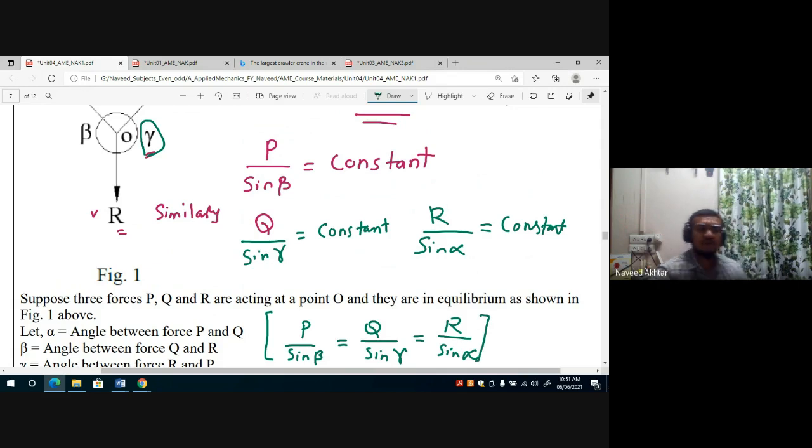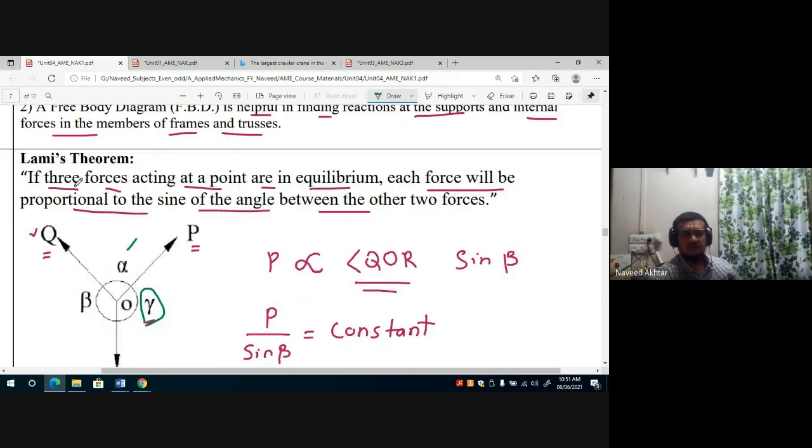समझ में आया? तो लामीस थ्योरम बोलता है, if three forces acting at a point are in equilibrium, then each force will be proportional to the sine of the angle between the other two forces. तो साइन ऑफ एंगल Q O R इज नथिंग बट साइन बीटा.